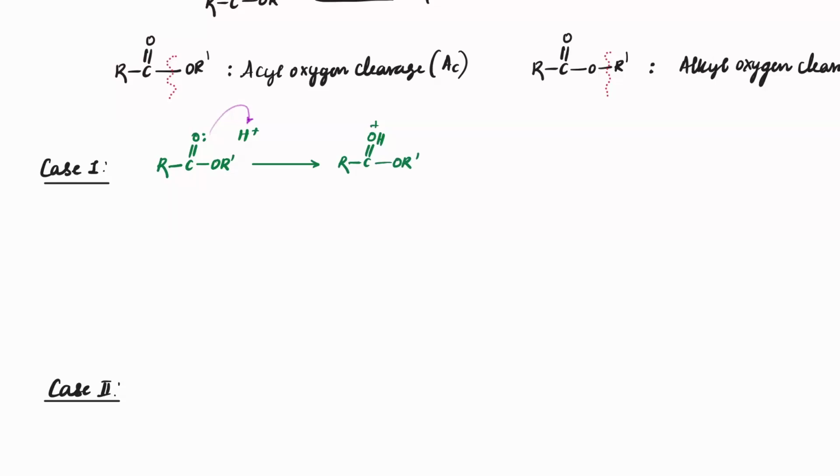This is what we have. And now it is the water which will attack as a nucleophile towards this carbon to open it up, like an SN2 reaction. So you will get this as R, C, OH, OR dash, and here we have OH2 plus.